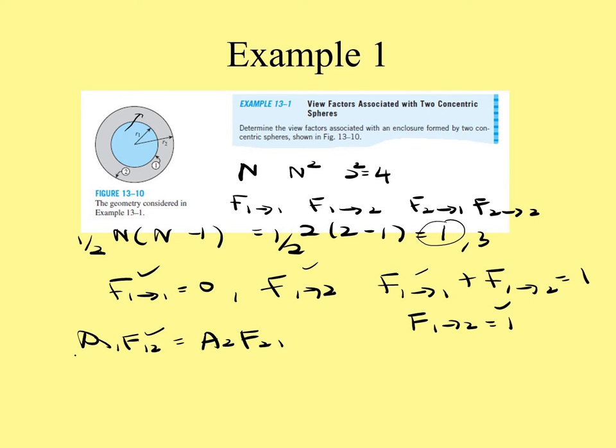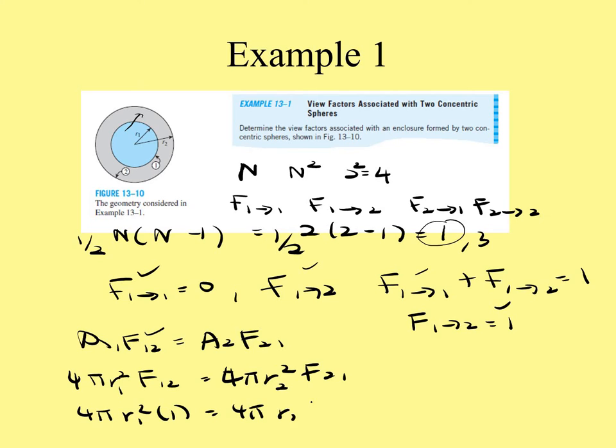Now we substitute the formula of area for a sphere, which is 4 pi r1 squared f12 equals 4 pi r2 squared f21, inserting the value of 1.